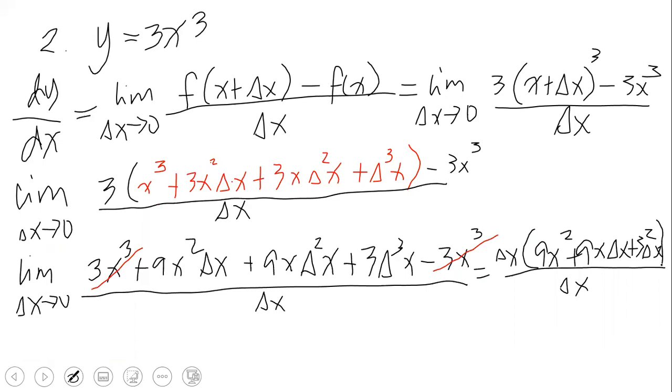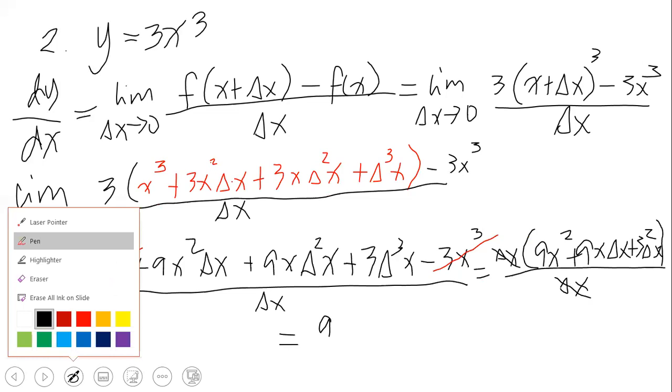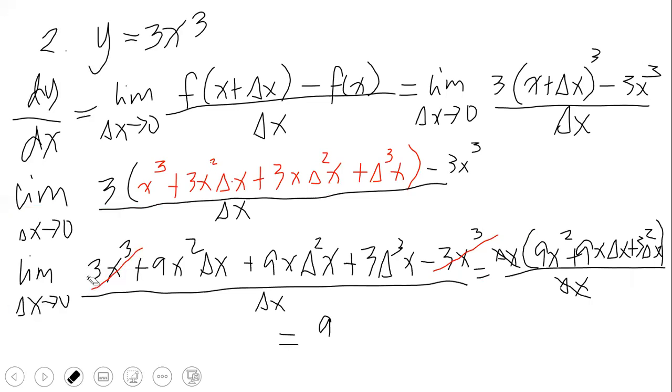Tapos, simplify natin ulit. So, may maka-cancel out. Delta x, delta x. So, we have already the term 9x squared. So we have done already 9x squared plus 9x delta x plus 3 delta squared x.